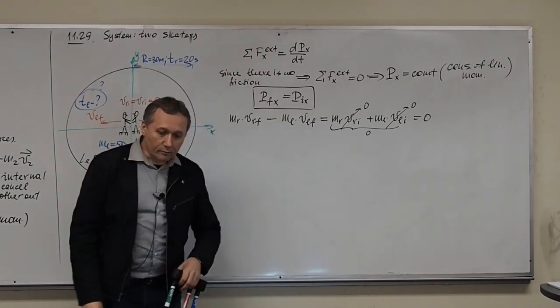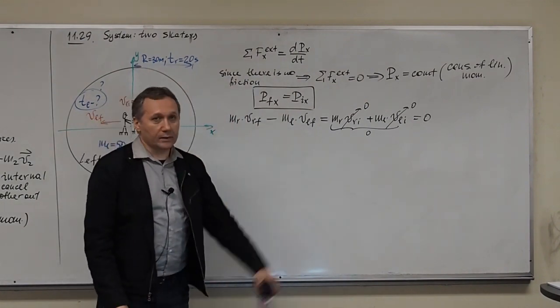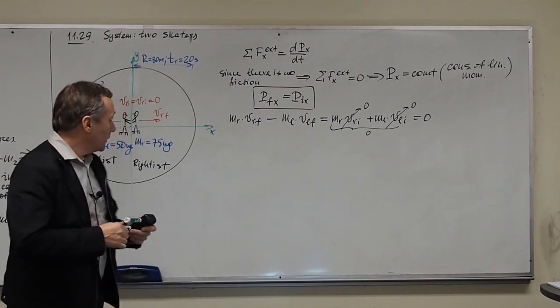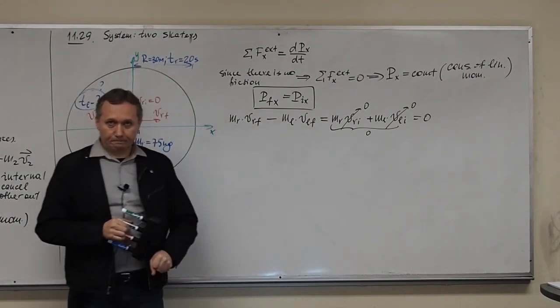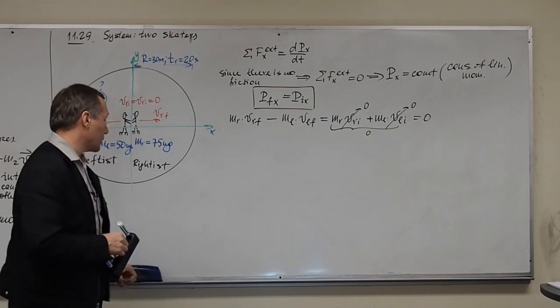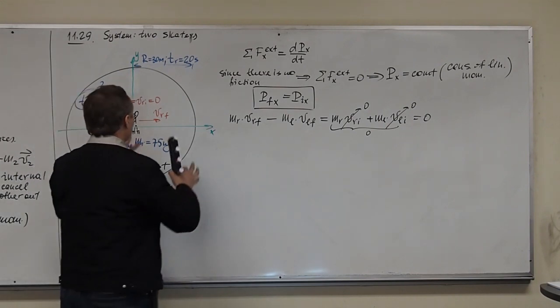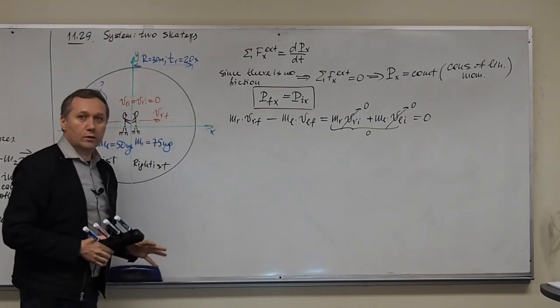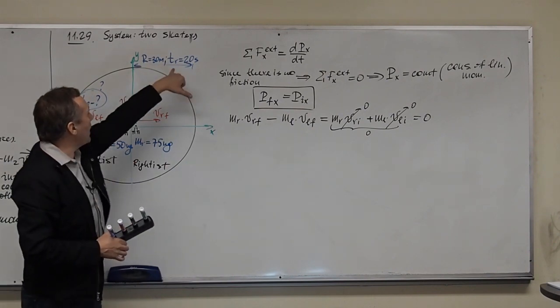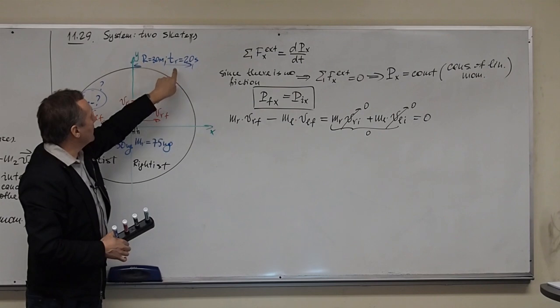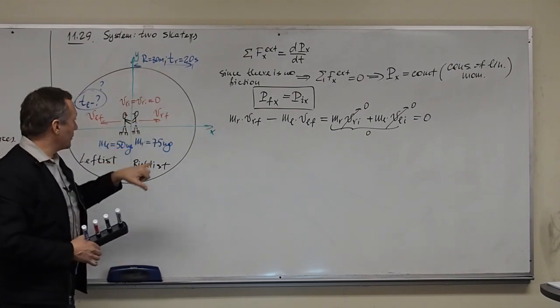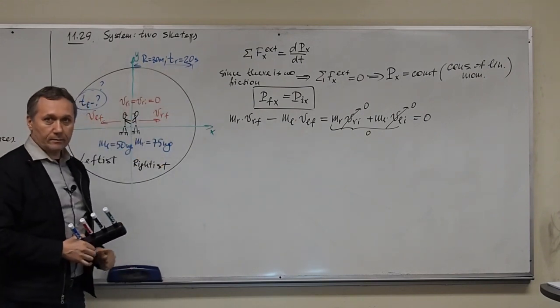Now, this left-hand side, let's look. These velocities are not given, right? So we need to write them in terms of what we know. And we haven't used this fact so far: that the travel time of the right person is 20 seconds.